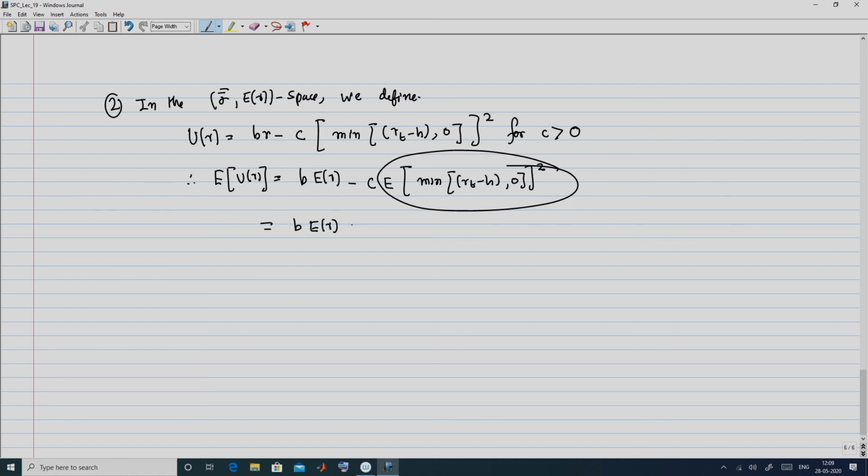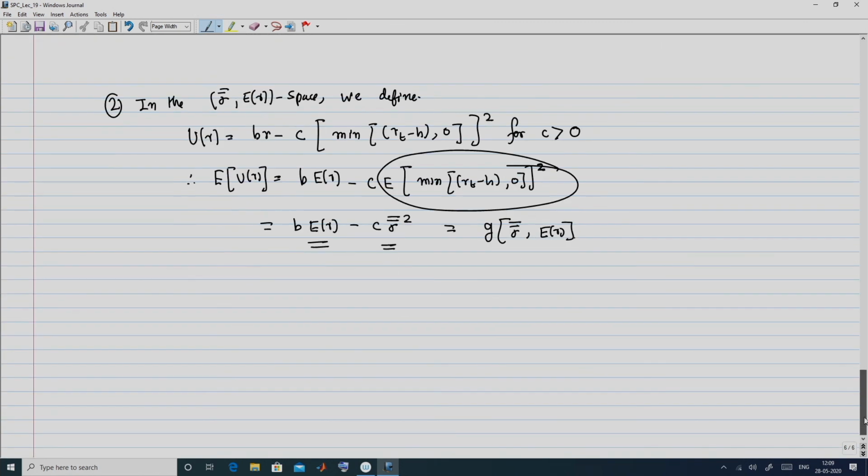So, this is going to be B of ER minus C, and there is a square at the top. So, this is actually the semi variance sigma double bar square. So, you see that this is a function of ER and sigma double bar. I will call this a function G of sigma double bar and ER.